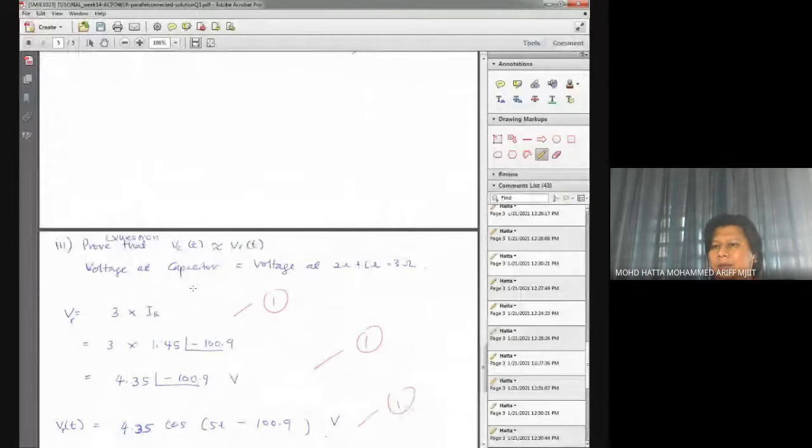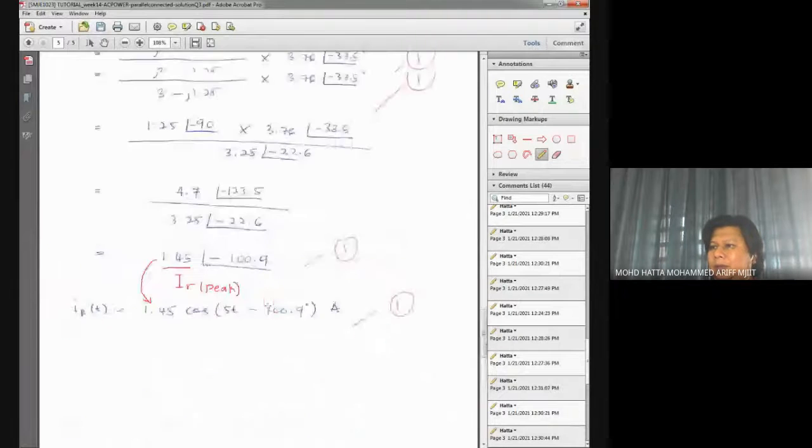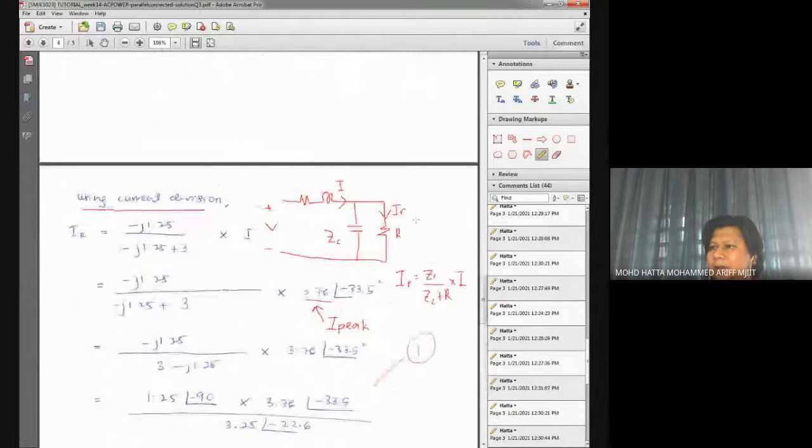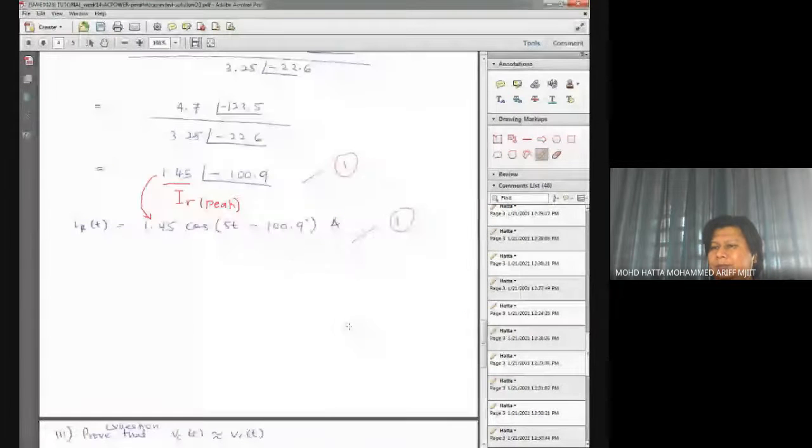So now we need to calculate VR, where VR, according to this one, comes from IR times R. So this is VR. And this is VC. VC should be IC times ZC. So that's what happened over here.